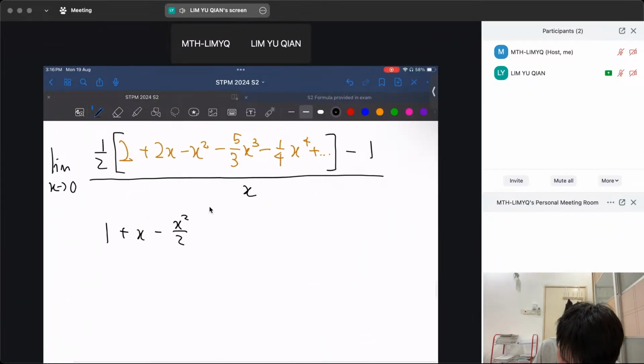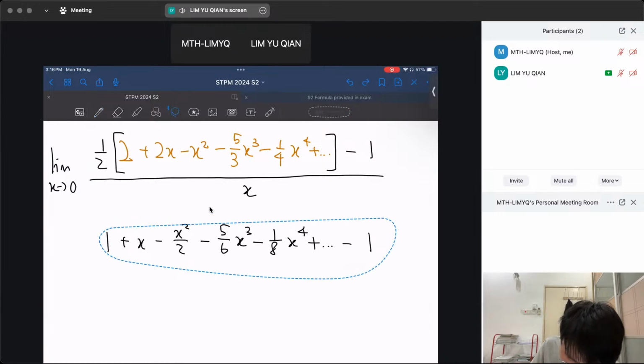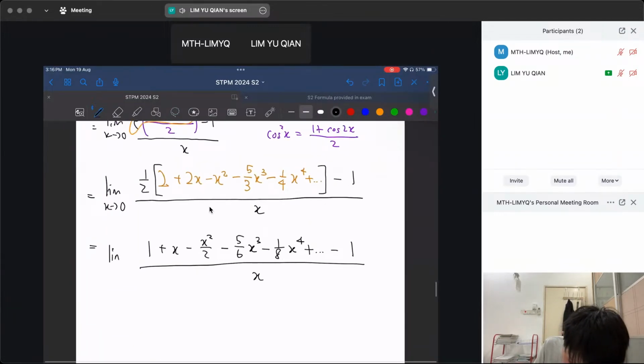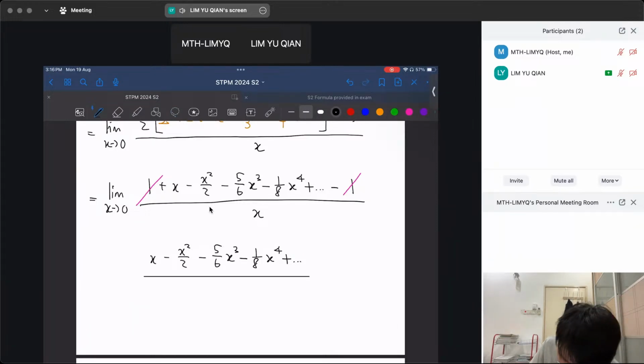So minus x squared over 2 minus 5 over 6 x power 3 minus 1 over 8 x power 4 plus dot dot dot, minus 1. So that's multiply first, and then over x. Putting 0, so 1 and 1 can cut first, so you're left with this one over x. And each of the terms can cancel one x with the denominator x.